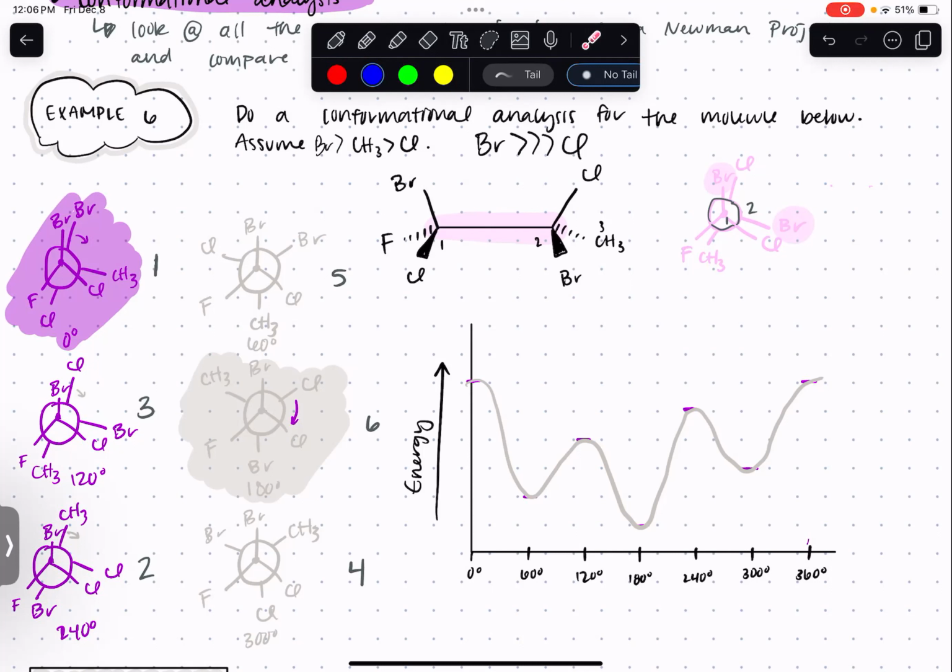And it's kind of hard with this class because sometimes electronegativity is what matters and sometimes size is what matters. But with conformational analysis, we're looking at the size, not the electronegativity. All right. So then, did anyone have any other questions about this?